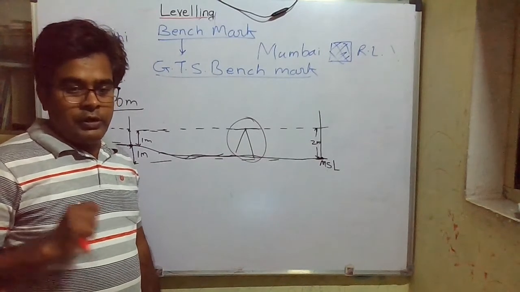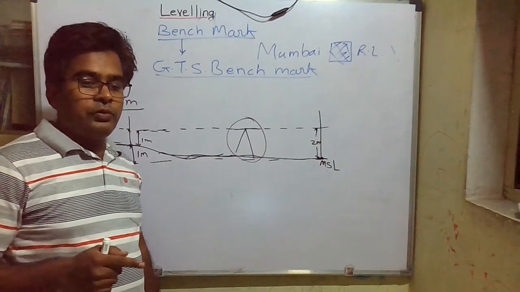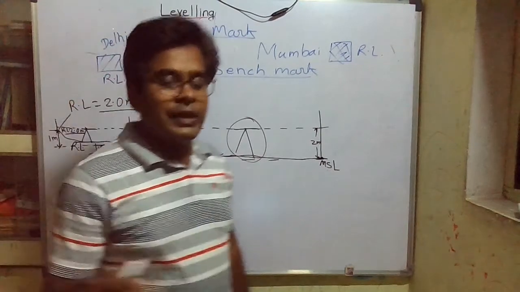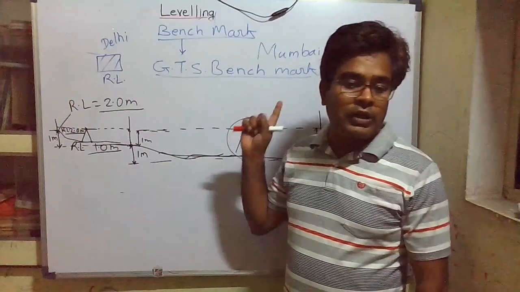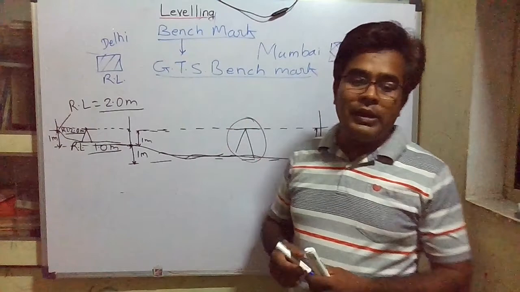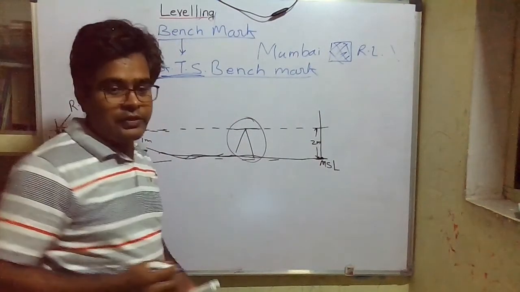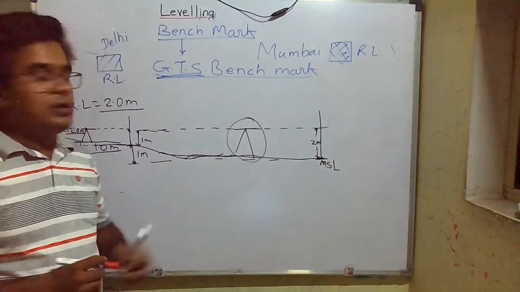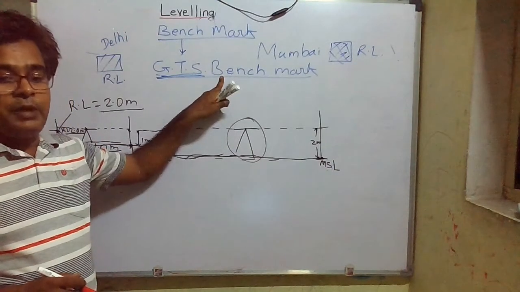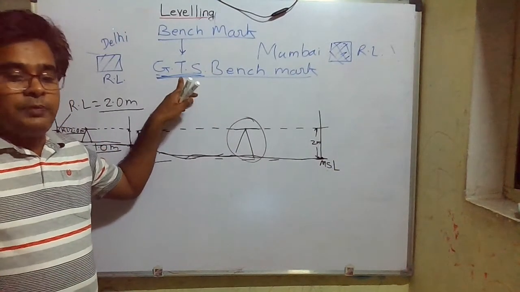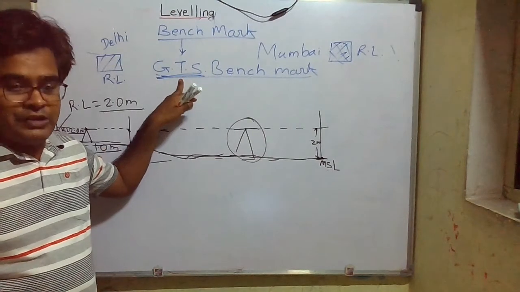So if we have to do surveying in Nagpur, then we don't need to go to Karachi. We need to find out where the nearby GTS benchmark is, which the Survey of India Department has marked with reference to mean sea level at Karachi.